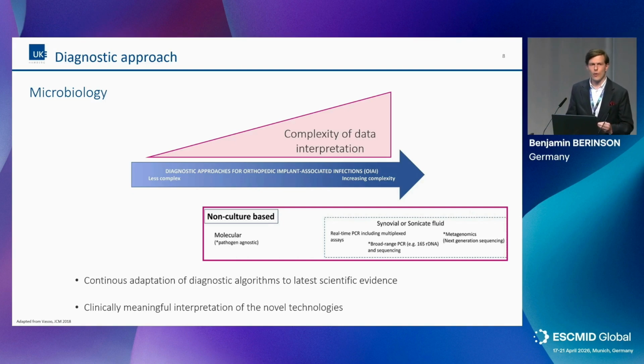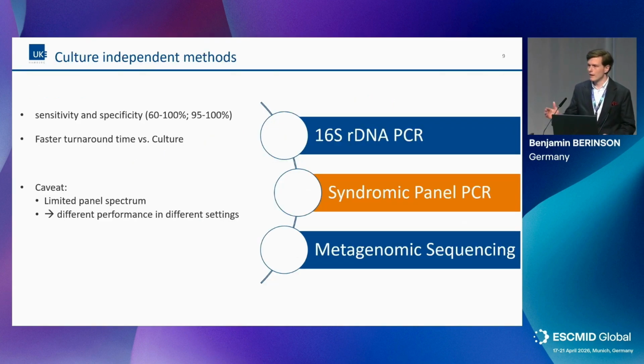This is important for the clinical microbiologist to continuously adapt to new algorithms and adapt them to the latest scientific evidence, but also to help the treating clinician with clinically meaningful interpretations of these novel technologies and the additional data gathered. So today the talk is going to focus on syndromic panel PCR.